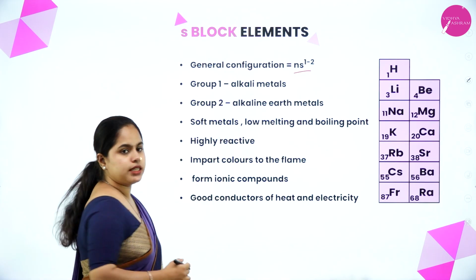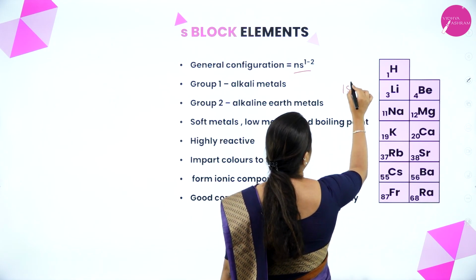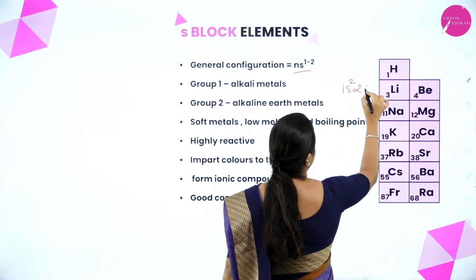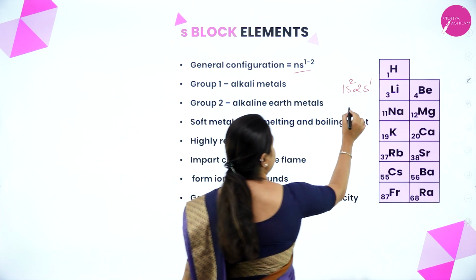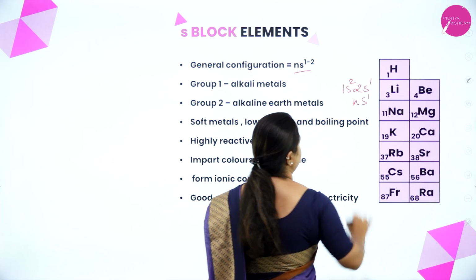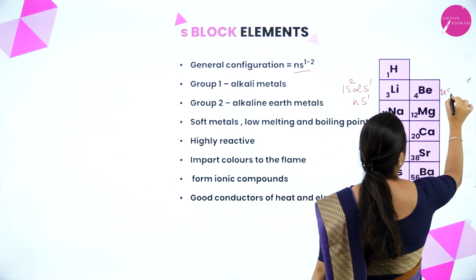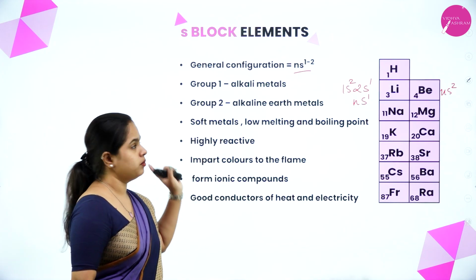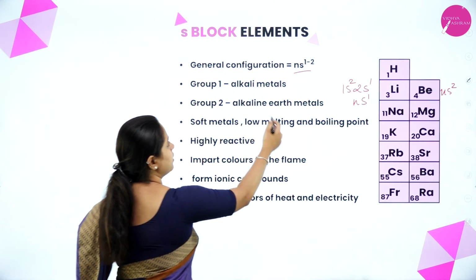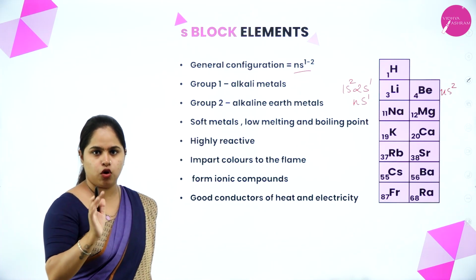The electronic configuration of lithium is 1s2, 2s1, so the general form is ns1. For beryllium it is ns2. So the general configuration can be written as ns1 to 2. Clear? It can be 1 or 2.